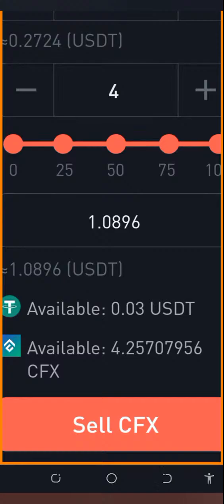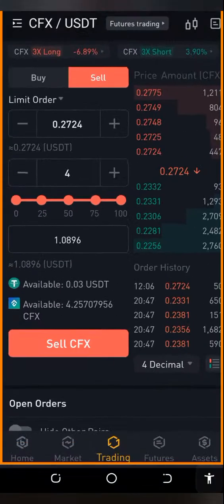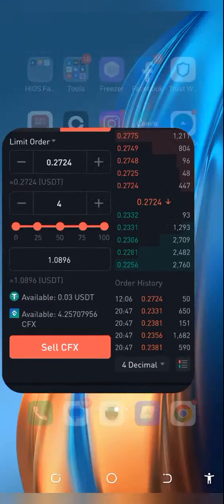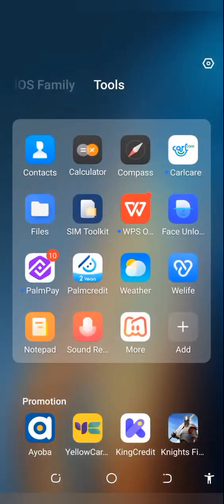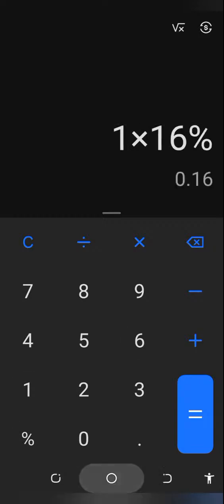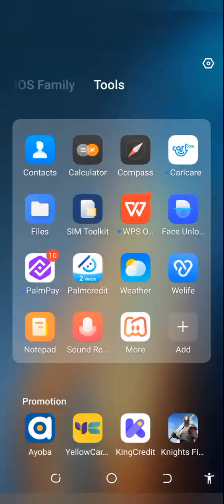We've got $1.08. $1.08 is good, because that means that if I calculate it, that's 1 times 16%. Yeah, that's it. Oh, this is supposed to be $1.16. Okay, but it's giving us less.